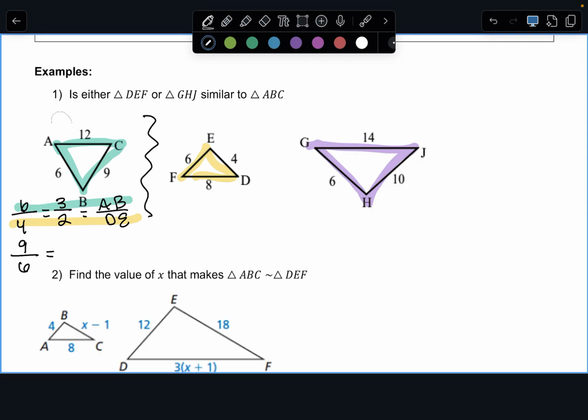What can 9 and 6 both be divided by? 3. And we would again get 3/2. And that represented the ratio from BC to EF.